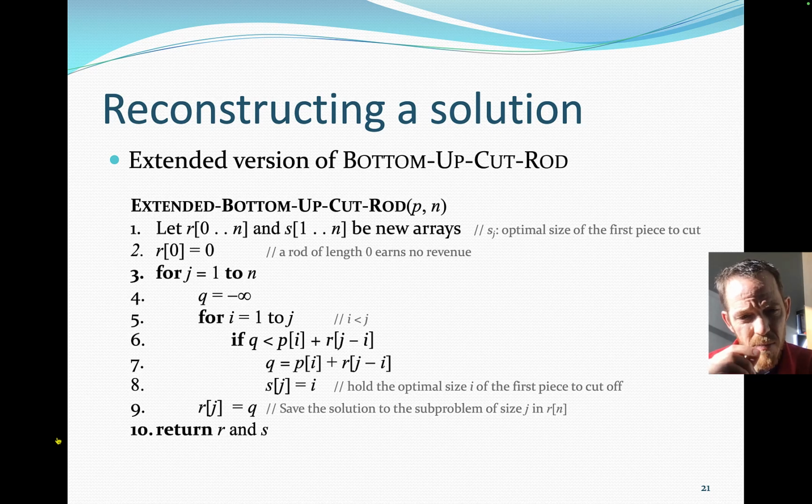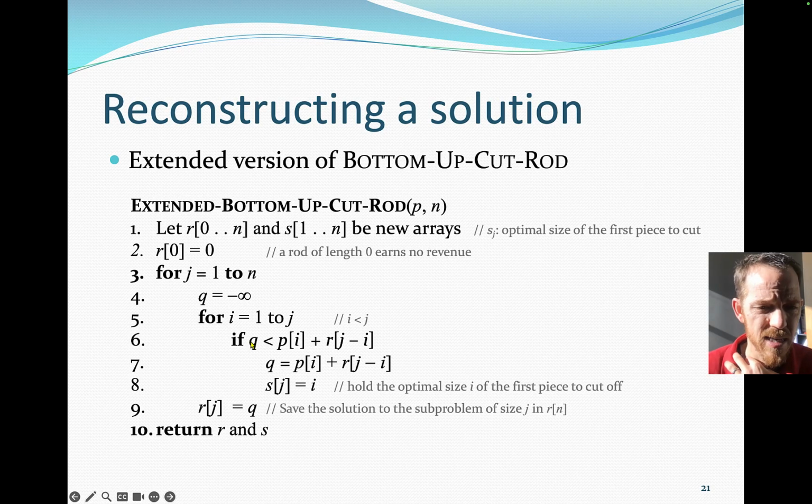Here we have a very similar solution to before, with the difference that we're going to create an S array, and then this is just the max function spelled out for the condition. If we found a larger q, then we're going to save it, because when we're doing that, and only when we're doing that, we're also going to store what the optimal size is for the first piece to cut, so we can track that.